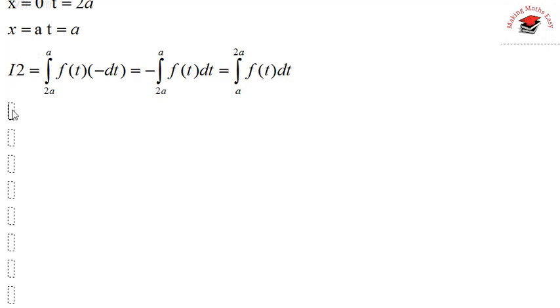So instead of integration of 2a to a, we can write integration of 2a to a, only we have to change f of t by f of x and dt by dx, so it will be f of x dx. So now I've got the value of I2.